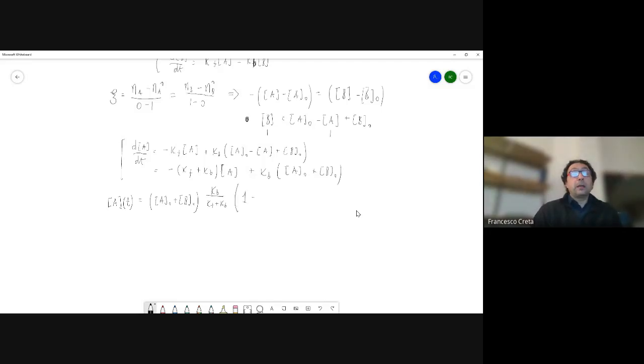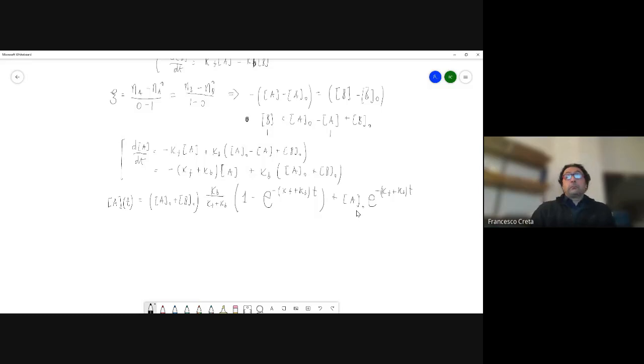Then 1 minus the exponential, okay? Again, it's not necessarily important that we know how to write it down. Okay, so exponential of minus KF plus KB times t, okay? And then we have another term which is A0 and the exponential of minus KF plus KB times t, okay?